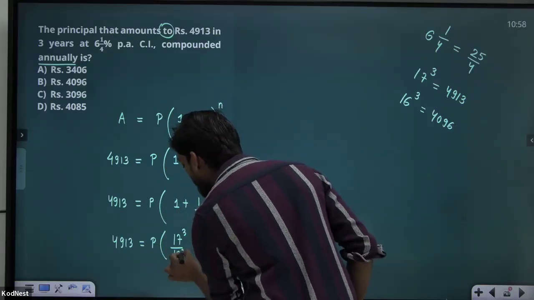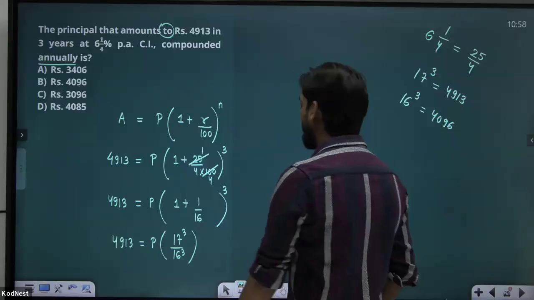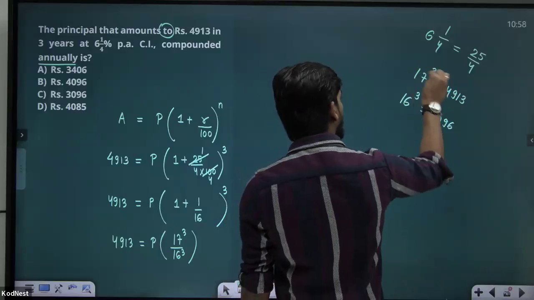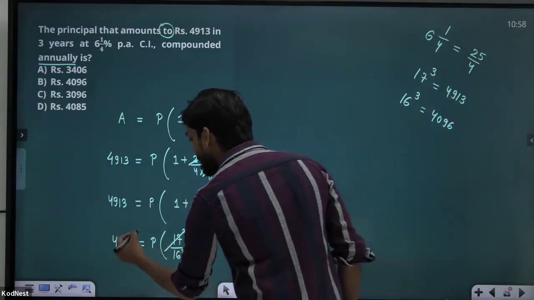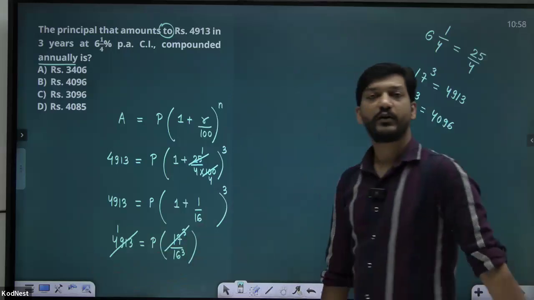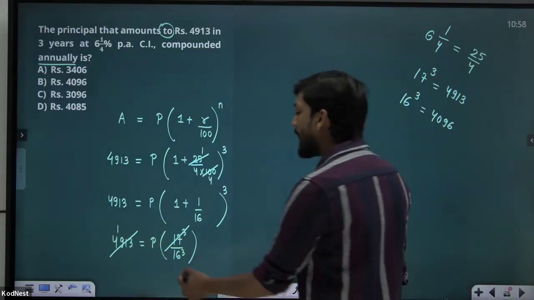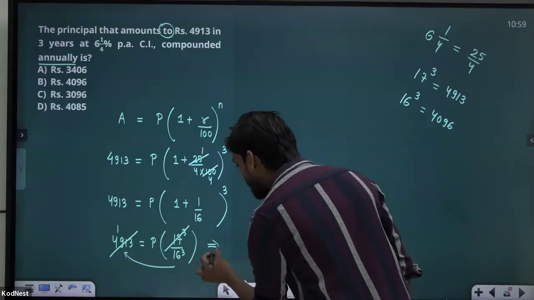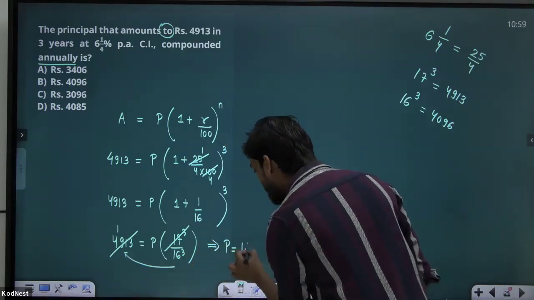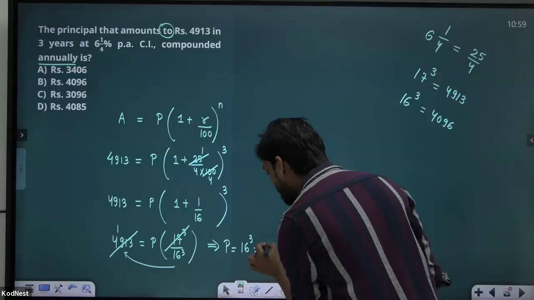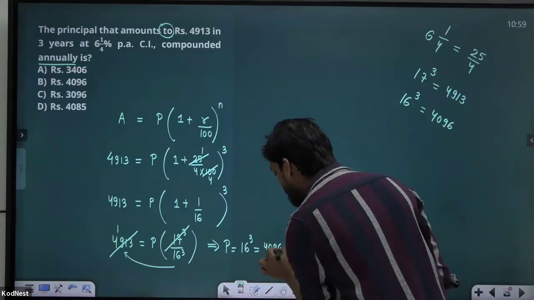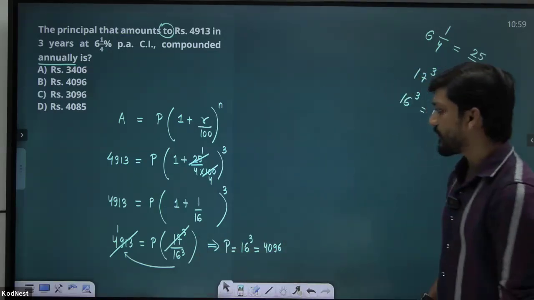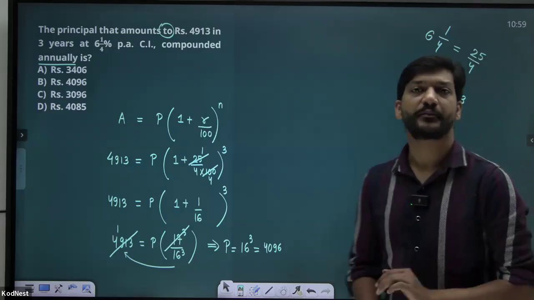So 17 cube by 16 cube. Now since I have said that both are same value, so they will cancel out each other, and this 16 cube will go into cross multiply to give you P value 16 cube, 4096. Okay, so this becomes your answer for this question.